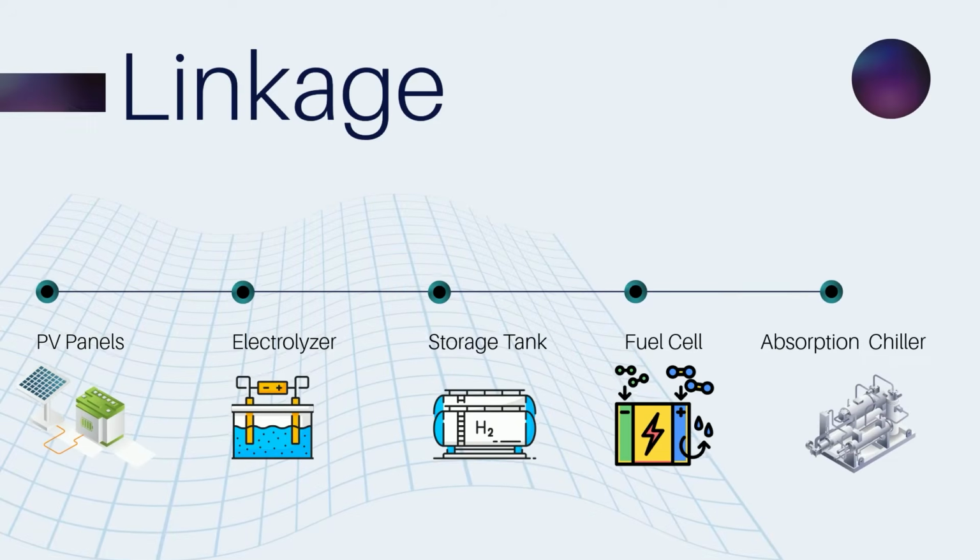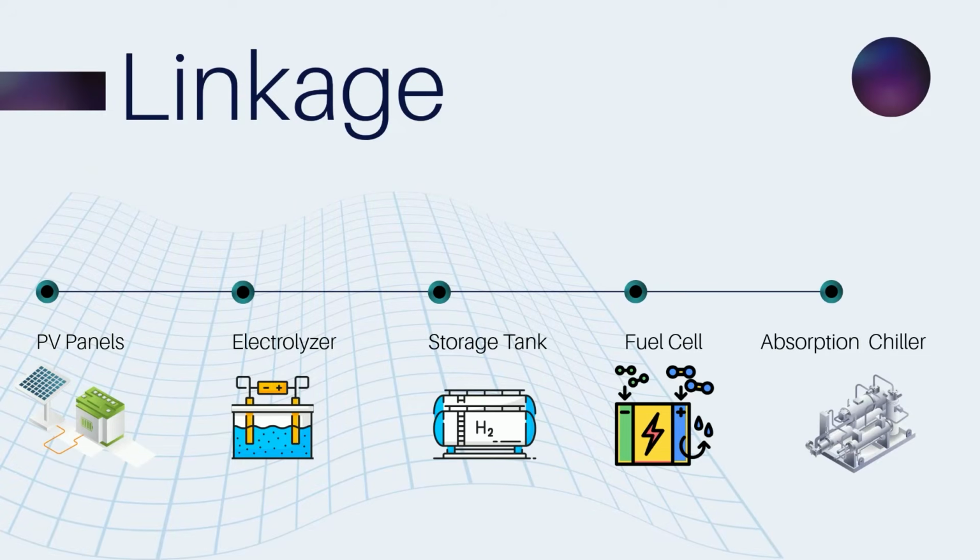So you can see that we have an array of PV panels. We're going to connect that to the electrolyzer. The type will also be discussed further ahead. And then we're going to use a storage tank to store the amount of hydrogen that we have produced using the electrolyzer. And depending on the need of hydrogen, we're going to then supply it to our fuel cell.